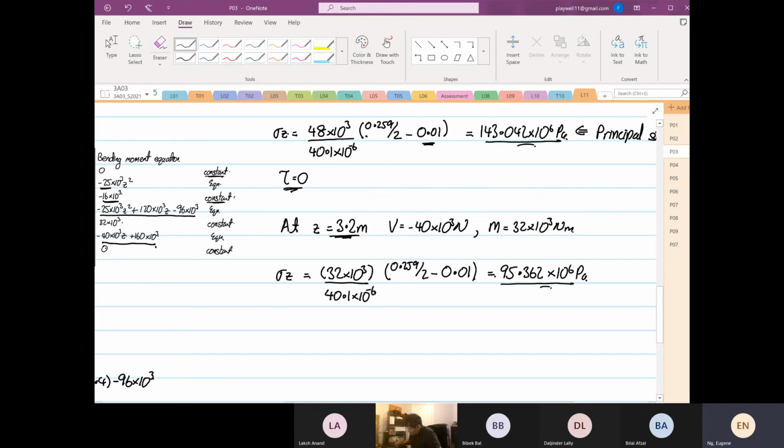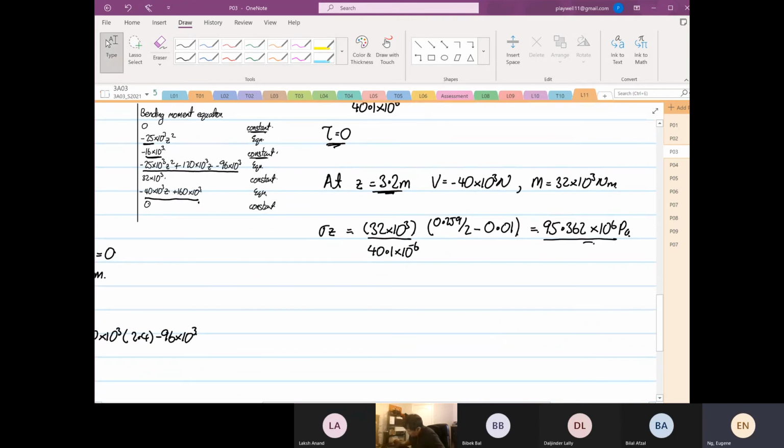Then we calculate our shear stress. The shear force is 40, so you take 40 times 10 to the power 3.